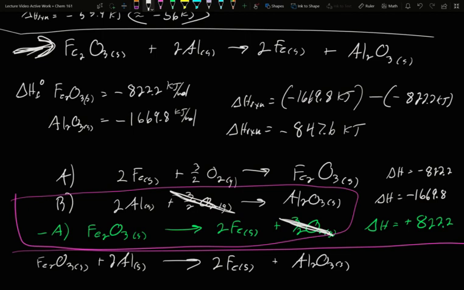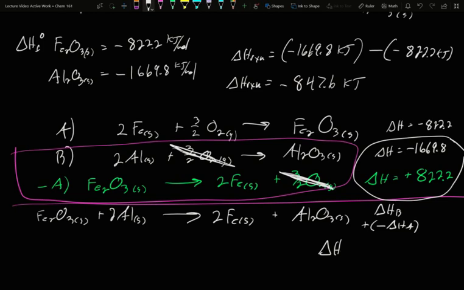I can use the formation equations to actually create our target equation. When I go to add these, what I've effectively done is I've taken the delta H of reaction B, just as it was, and I'm adding the negative of what reaction A was. Well, adding a negative is subtracting.